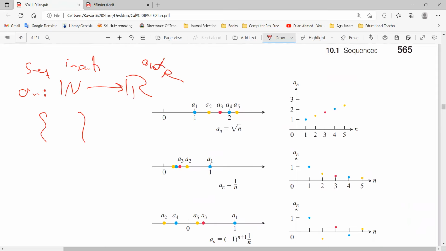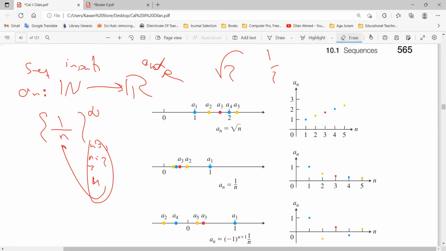We are inputting natural numbers: 1, 2, 3, 4. This is all natural numbers. So our input that I'm giving to the machine is a natural number. But the result is something else. The result sometimes is square root of 2, which is a real number. Maybe 1 over 2 is a rational number. So all this is like a definition for this.